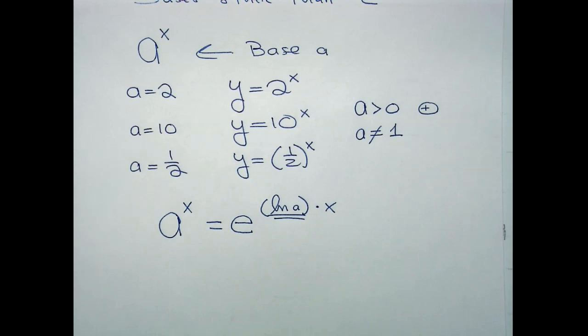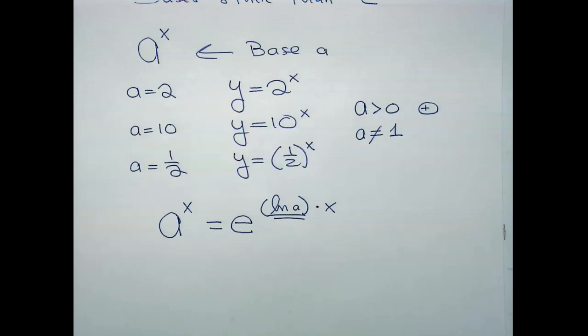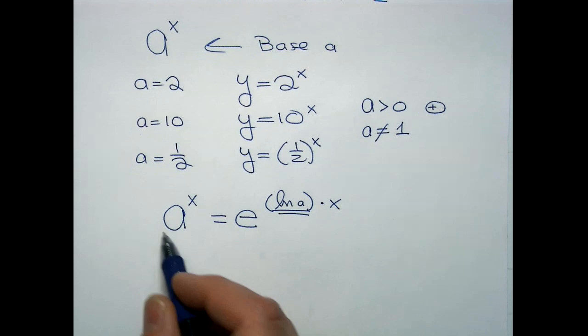Now, ln of a is a number like ln of 2. If it was a equals 2, base 2, ln of 2 it's just a number. It's 0.693. I want to prove to you that this relationship truly exists, and this relationship is what's going to aid us in understanding how to take the derivative of an exponential function that is not base e.